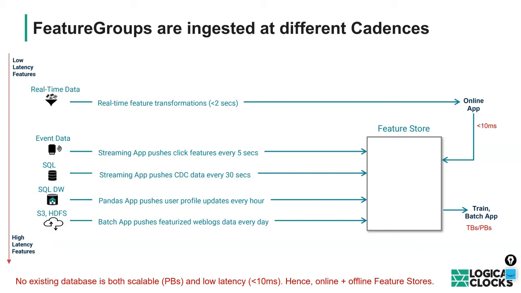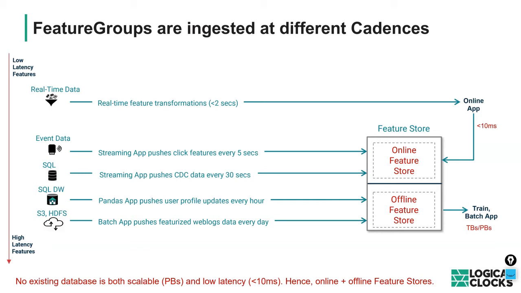And in fact, there aren't really many databases that give you both OLTP for the low latency and OLAP support for the analytics and scalability. So what our feature store and most of the other feature stores in production do is they have two different databases, a dual database system. We call the low latency database system the online feature store, and the scalable SQL system the offline feature store.